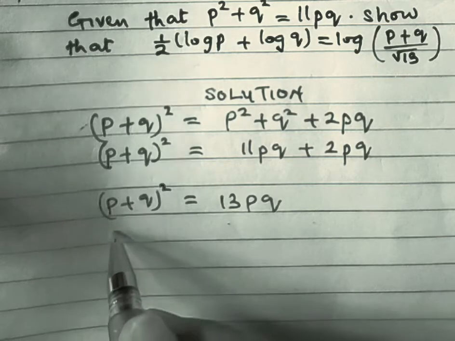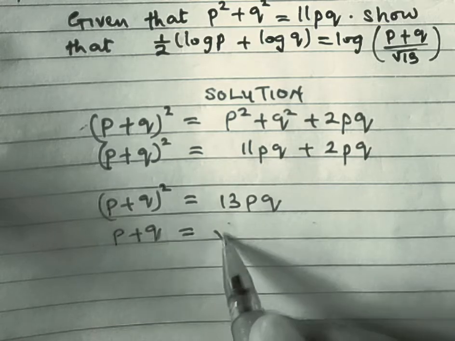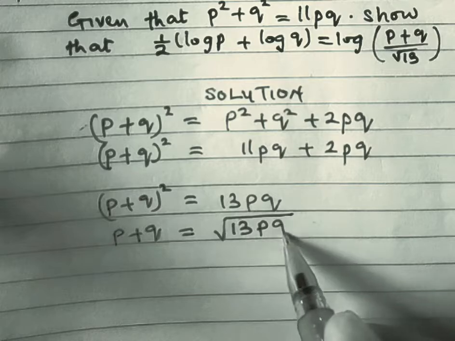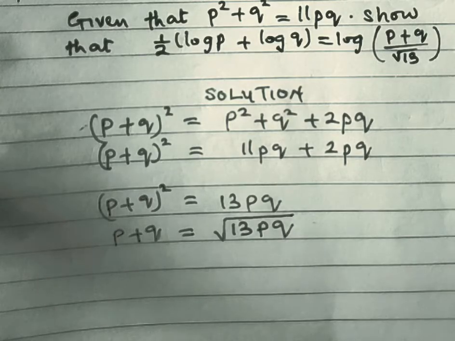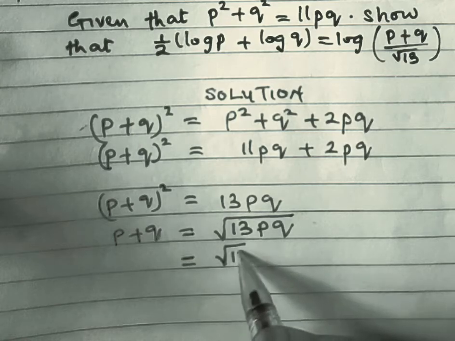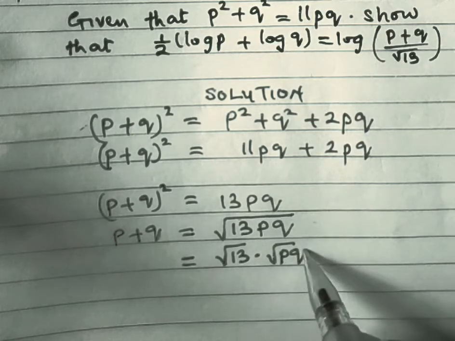Take the square root of both sides. p plus q equals the root of 13pq. Now we can separate the square roots in this way: root 13, then multiplied by root pq.